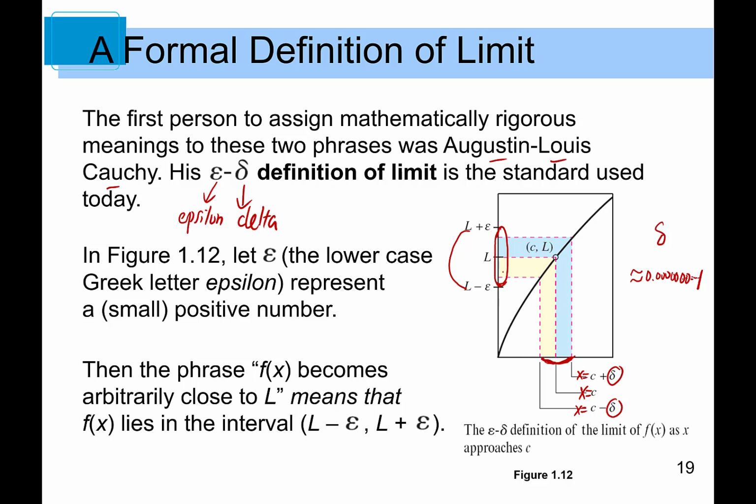Right? So then when x approaches c from the left hand side and right hand side of x equals c, then f of x becomes arbitrarily close to L, right? It means that f of x lies in the interval L minus epsilon, comma, L plus epsilon. Again, epsilon is a very small positive number.